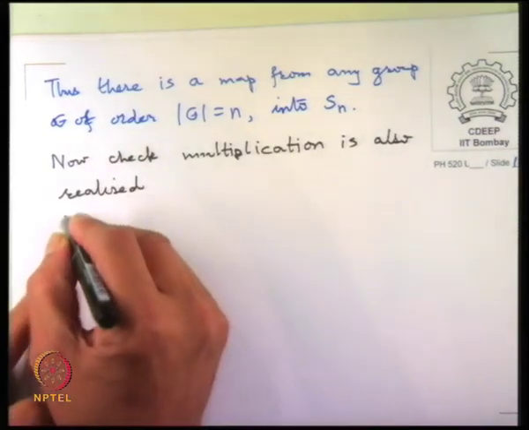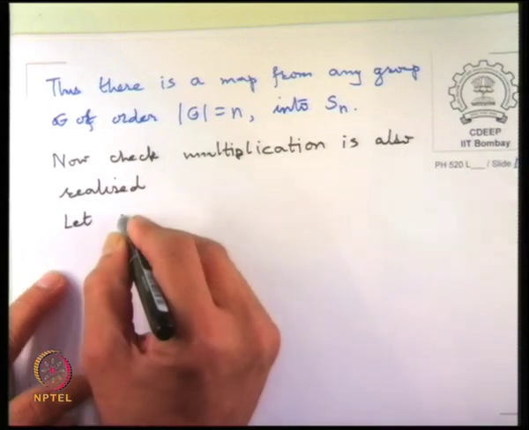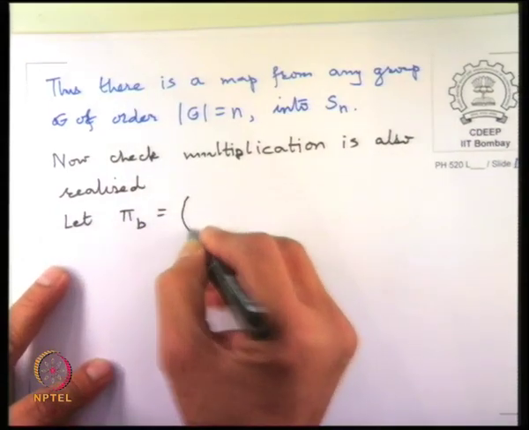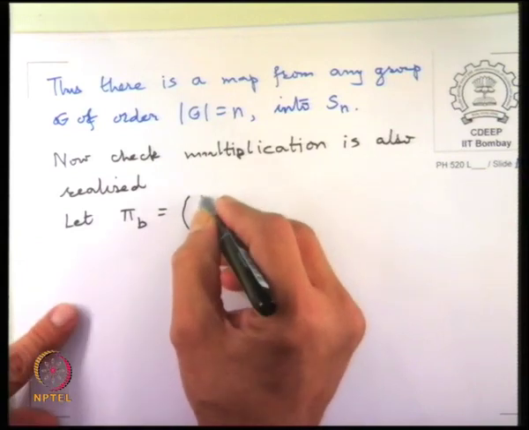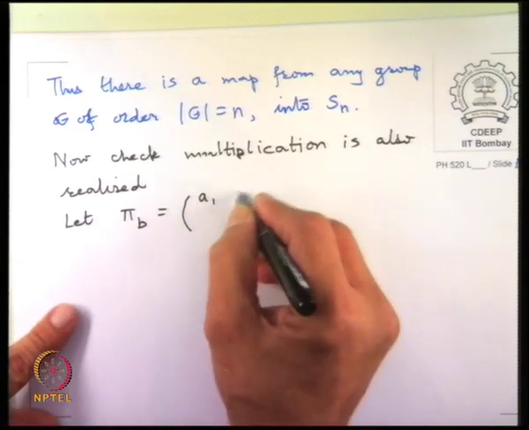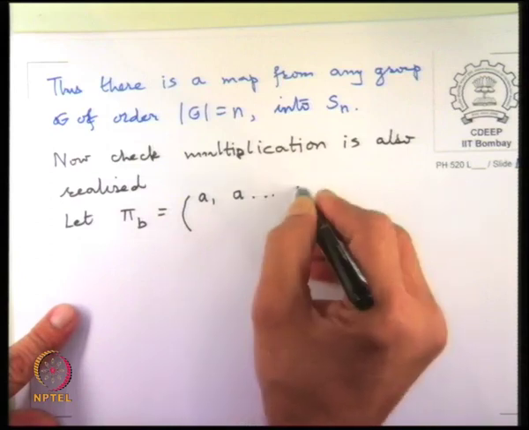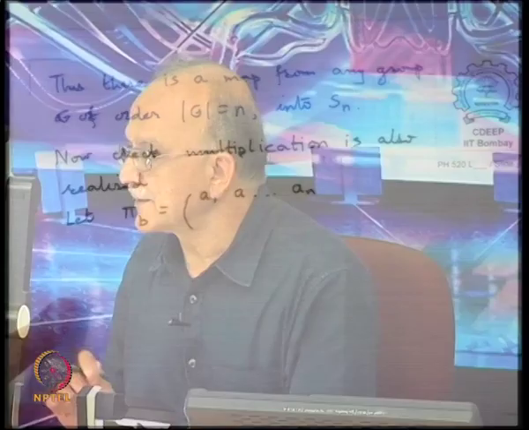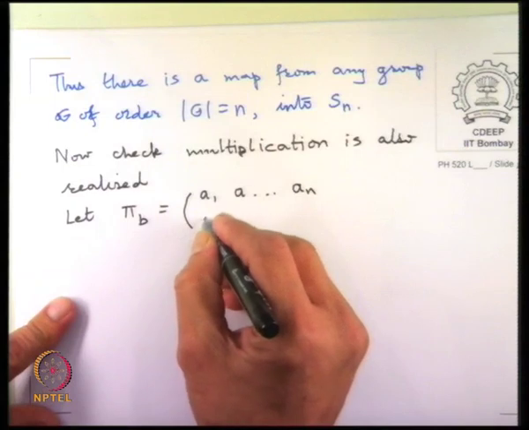So let pi b be equal to, and what we will write is simply some sequence A1, A2, An. Okay. We have been writing 1, 2, 3, 4 numerals, but you can just write instead A1, A2, An, and you will see why we want to keep this a little abstract.